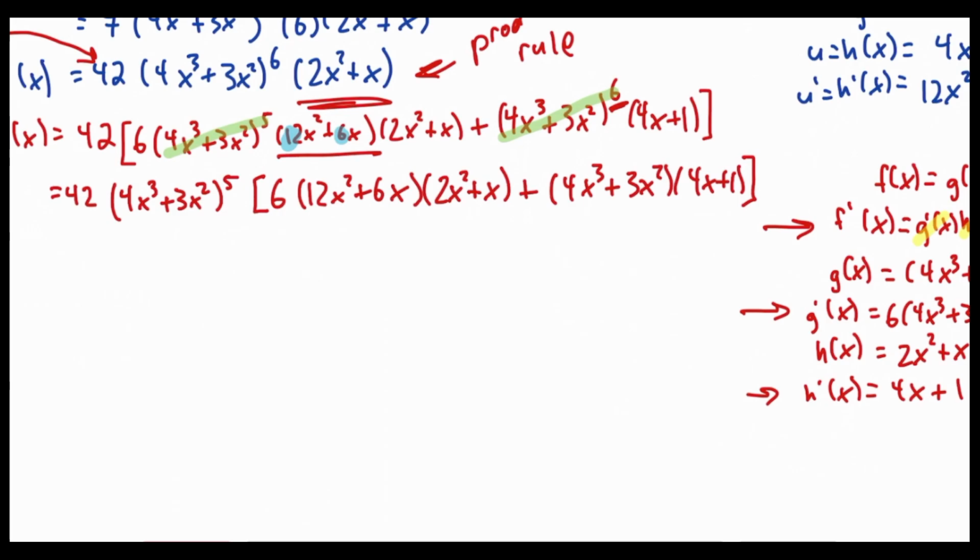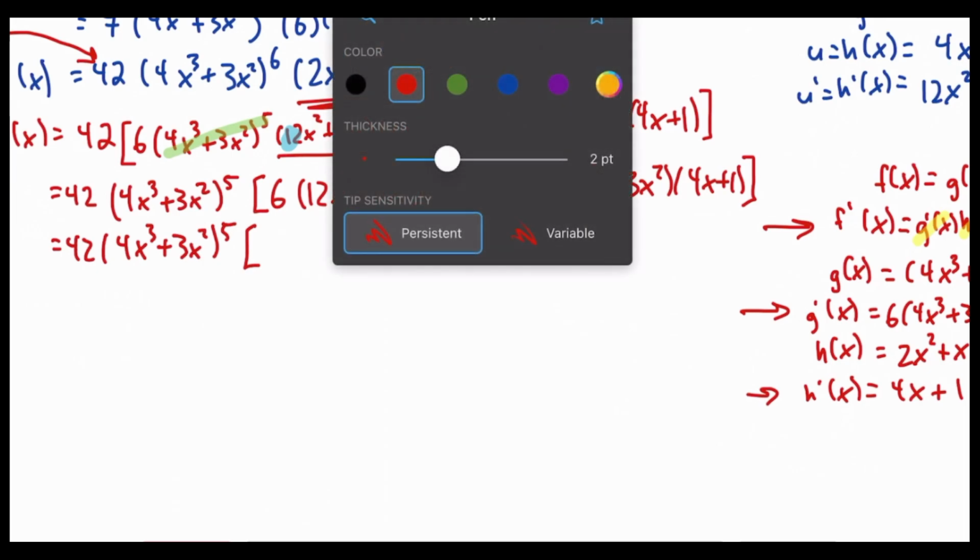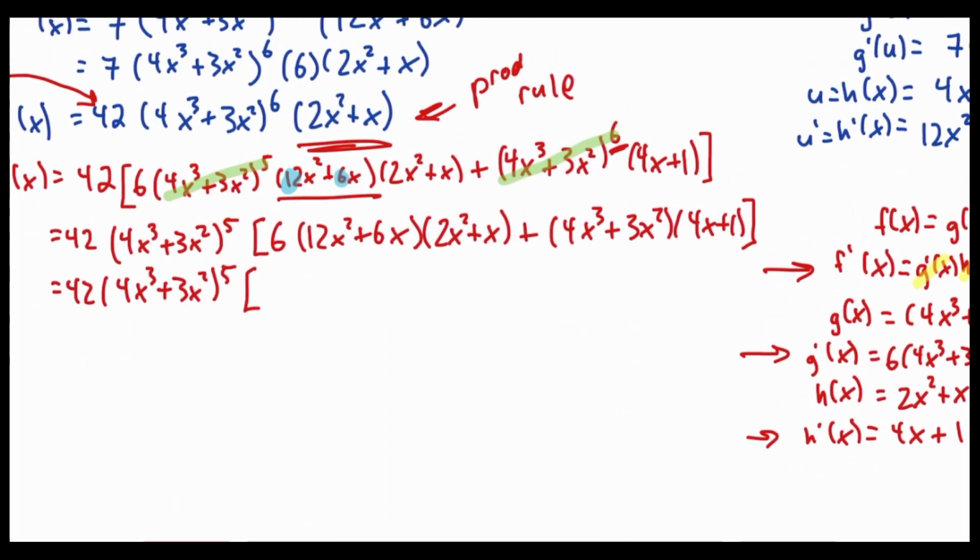Next, let's deal with that greatest common factor we mentioned. So I'm going to pull a 6x out of here. So 42 times 4x cubed plus 3x squared to the power of 5. And we're pulling, like I said, put that in a different color here, we're pulling the 6x out.